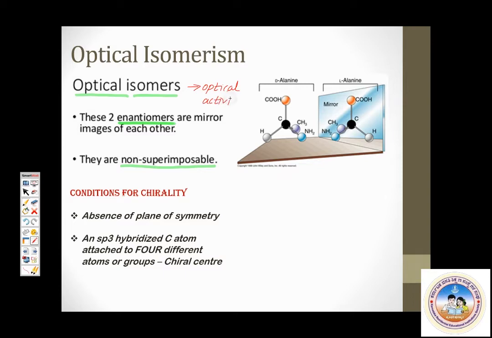Okay. Now one molecule, if it rotates plane polarized light to the right, the other molecule would rotate it to the left. We'll see that. Okay. Now for us to find out whether a given molecule shows optical isomerism or not, whether it exists as enantiomers or not, you need to be aware of two conditions. Okay, conditions for chirality.